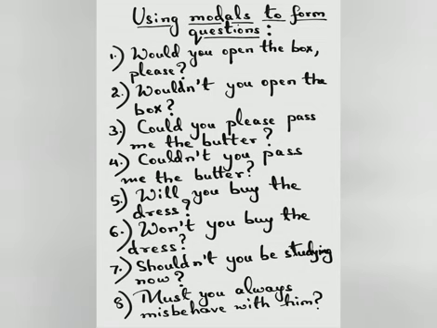So won't you buy the dress would actually mean that you wish that person to buy the dress. And you're asking whether he would not do that thing. Whether he would not buy the dress. He or she, it might be. Okay. In the seventh question, see, shouldn't you be studying now?